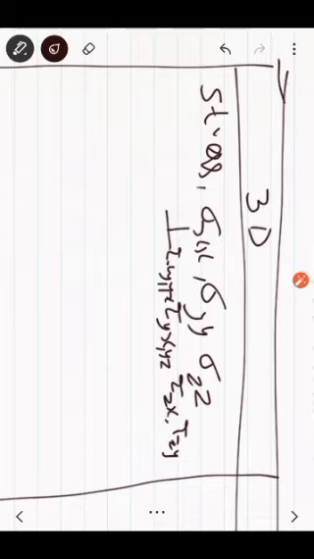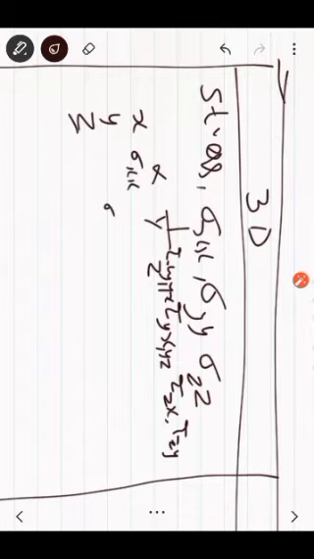So this complication, how to write this? x, y, z and x, y, z. So you will be having sigma xx, sigma yy and sigma zz.